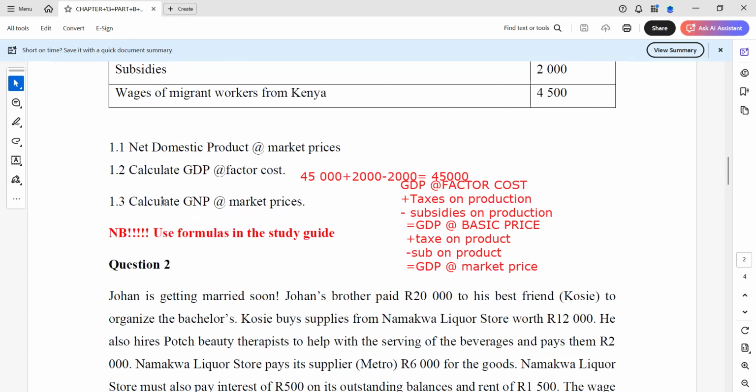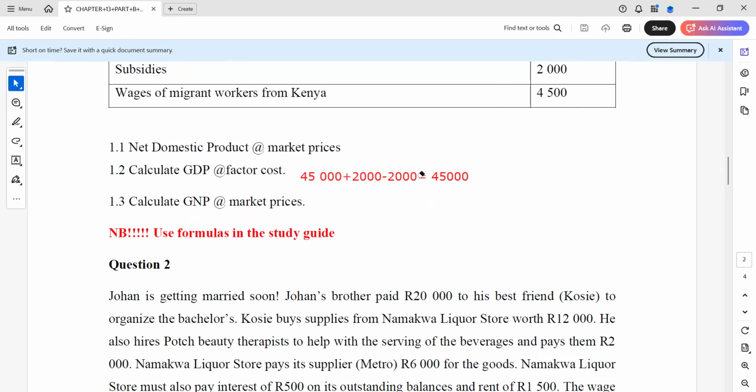And then number 3, they're saying calculate gross national product at market price. Okay, let me remove this. So gross national product can also be gross national income. It's the same thing, used interchangeably, and the formula is the same, right?